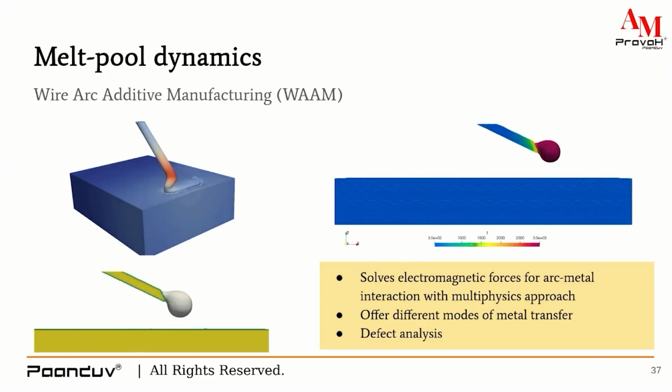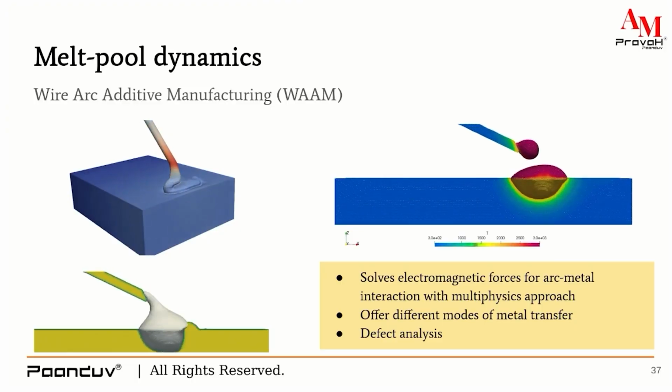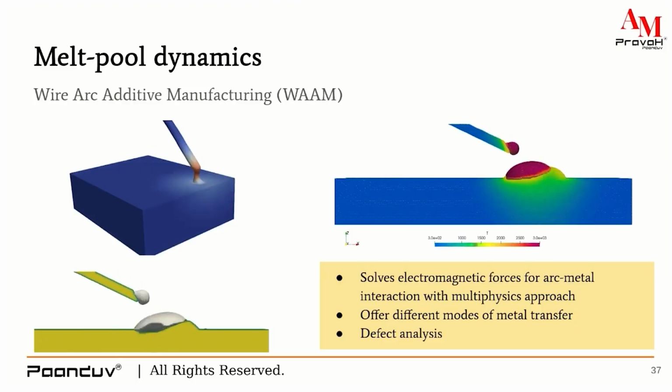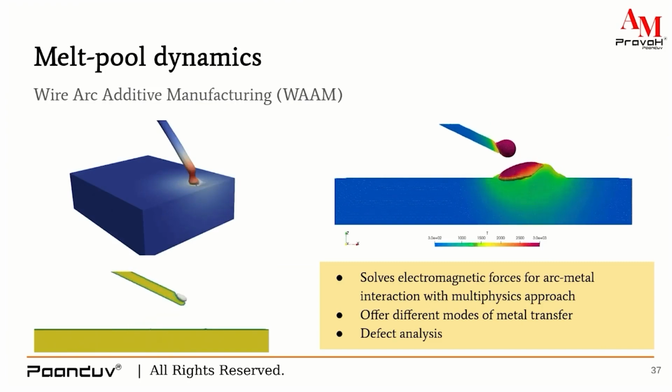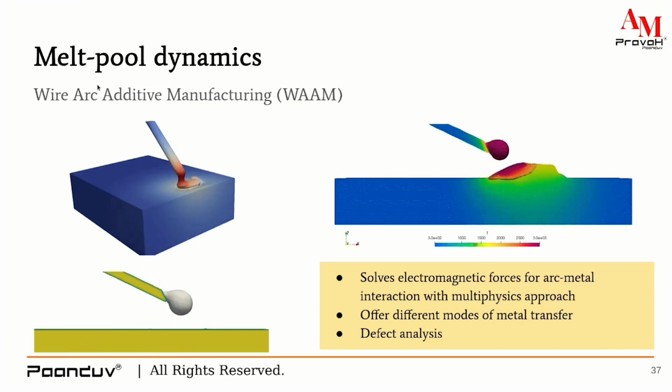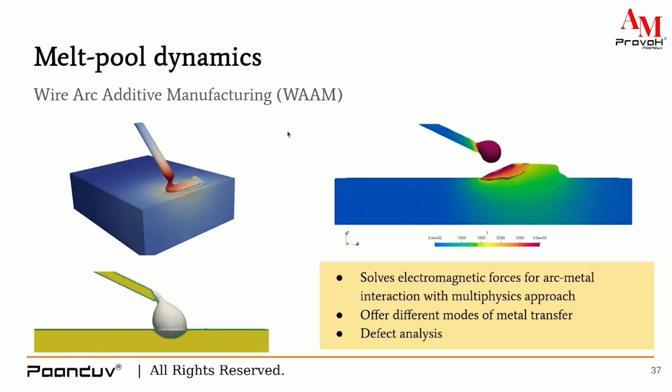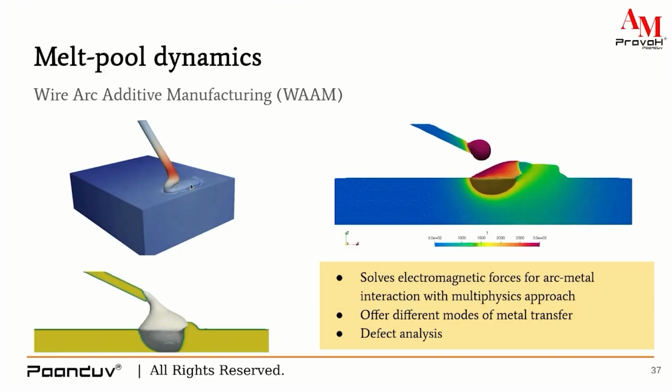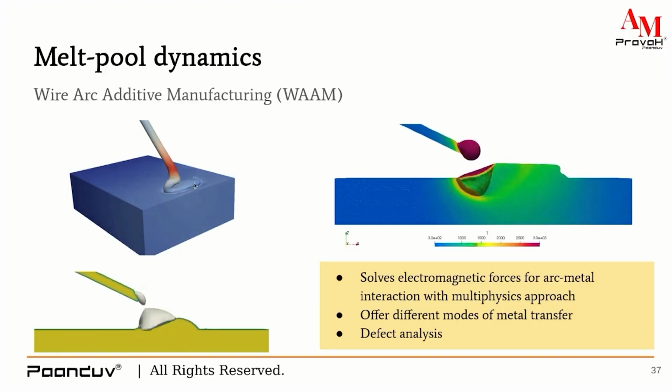The dark spot here represents that there is a density compromise in this region, which can also be validated by the optical microscopy, which is reported here. There is a hole, there is a pore at this location, which can be ensured by the results that we have generated with PravaH.